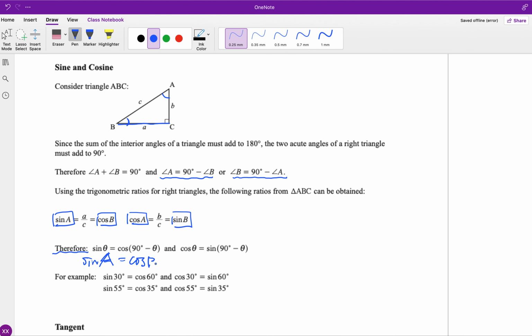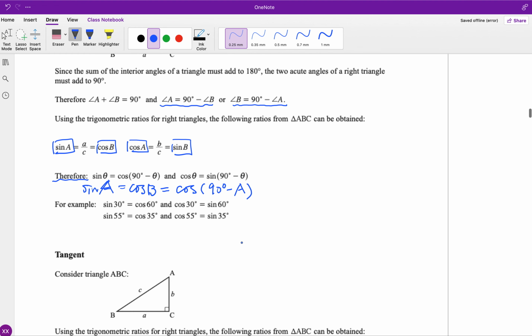Now, what is angle B? Angle B is 90 subtract angle A. So that is cosine of 90 degrees minus A. I'm just shortening angle A into A. So sine A equals cosine of 90 degrees minus A, and cosine is going to be the same thing: cosine A equals sine of 90 degrees minus A.